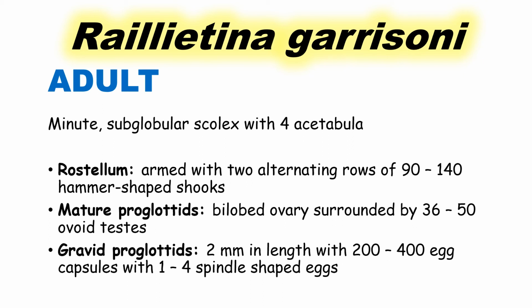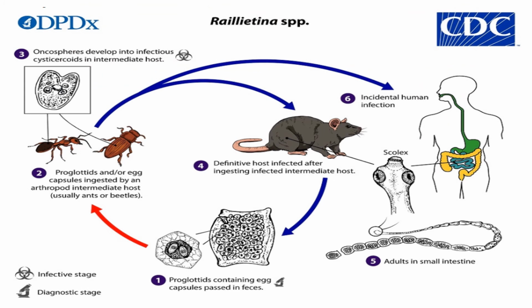The outer elongated membrane forms the spindle, with the round spherical membrane inside. Okay, so here, try to look. This is the egg, guys, inside the egg capsule.